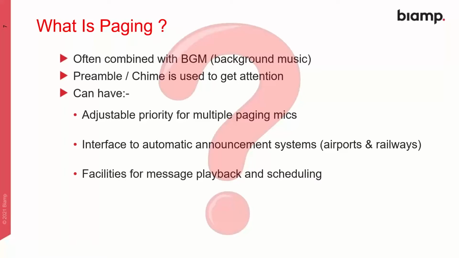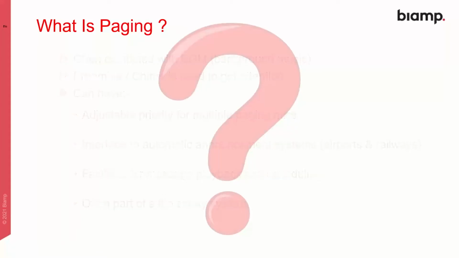So you can have a message which plays back at the same time every day, or at the push of a button, for example. And paging is often part of a life safety system. So that's very useful to give people dedicated information about how to get out of a dangerous situation in a building, for example.